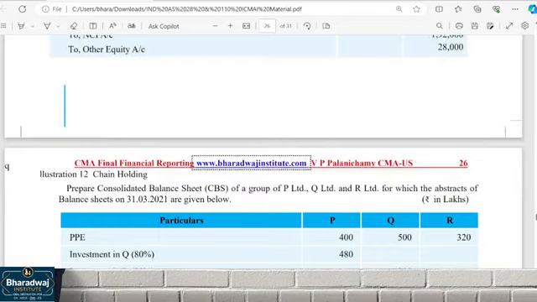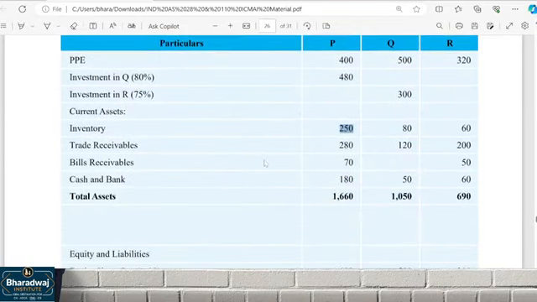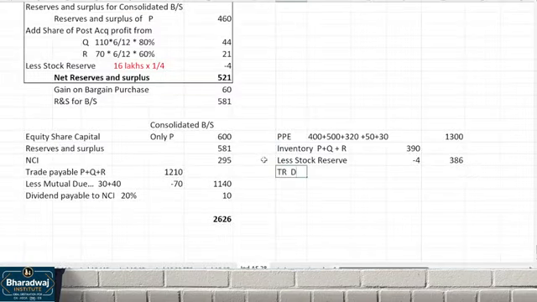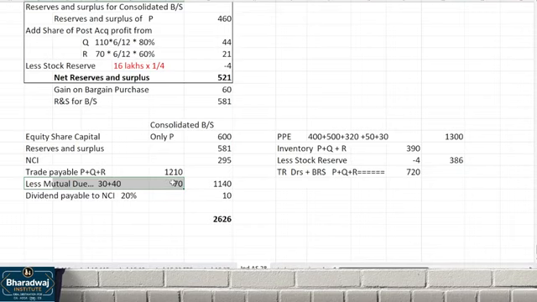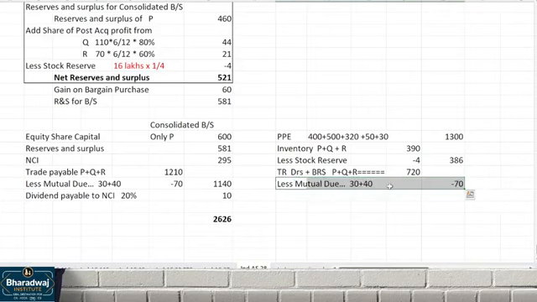Then what is the next one? Trade receivable. Debtors plus bills receivable of all the companies, add them. P plus Q plus R. How much? Debtors as well as bills receivable less mutual due. This is the net amount.